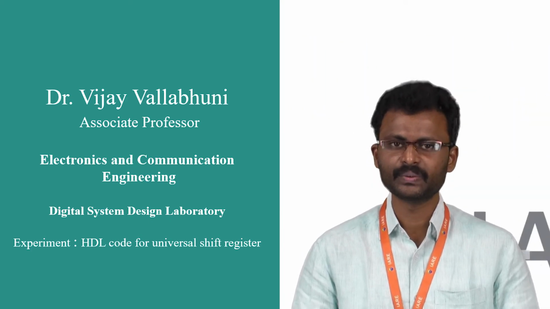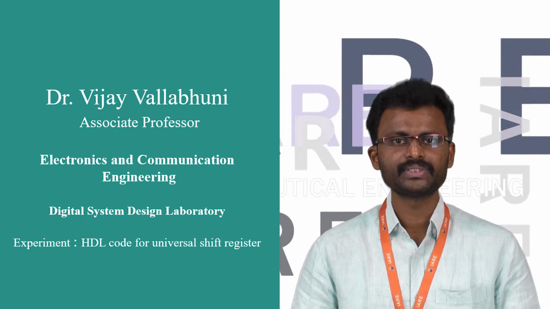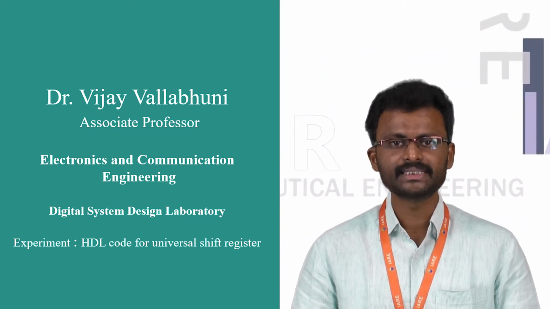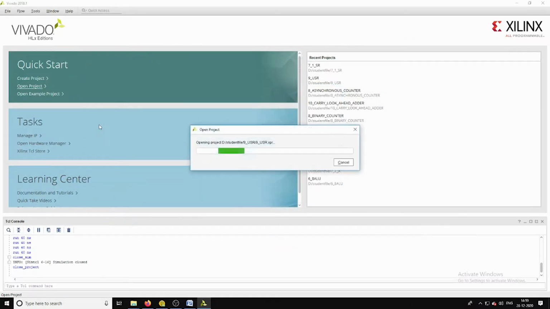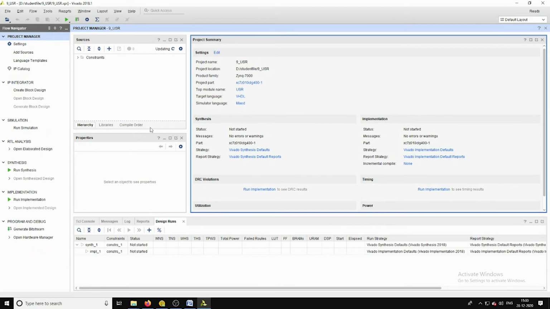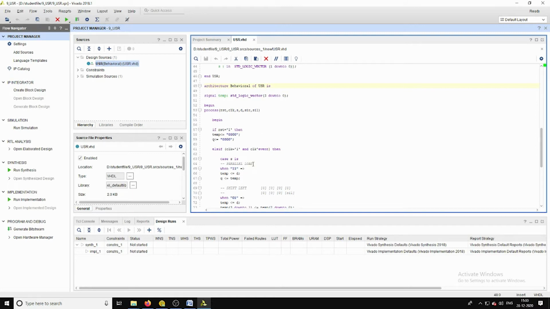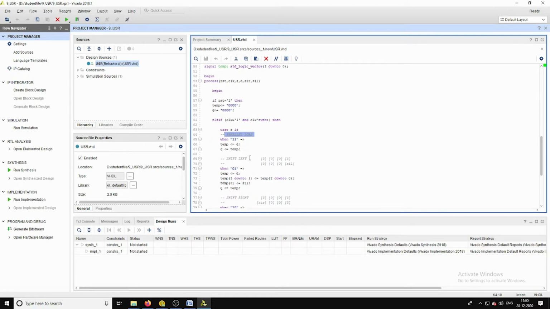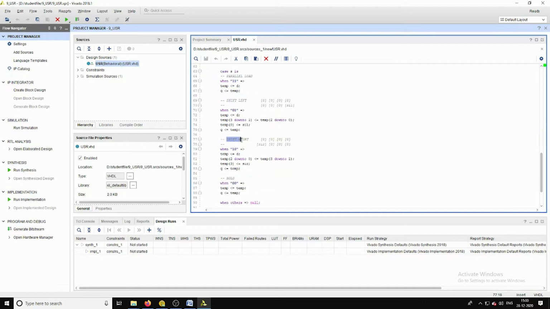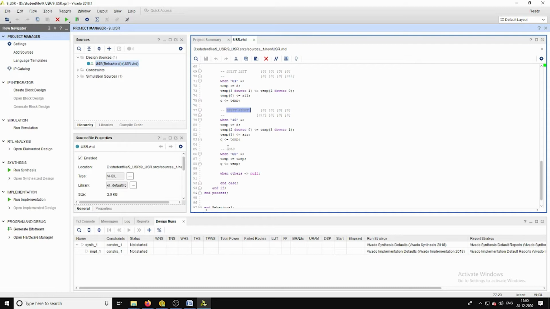In this session, we are going to write the code for Universal Shift Register by using VHDL behavioral modeling. Here we are using the behavioral data style for modeling of universal shift register, and we are going to perform 4 different shifting operations, that is parallel load and shift left operation, shift right operation, and holding of the output values.